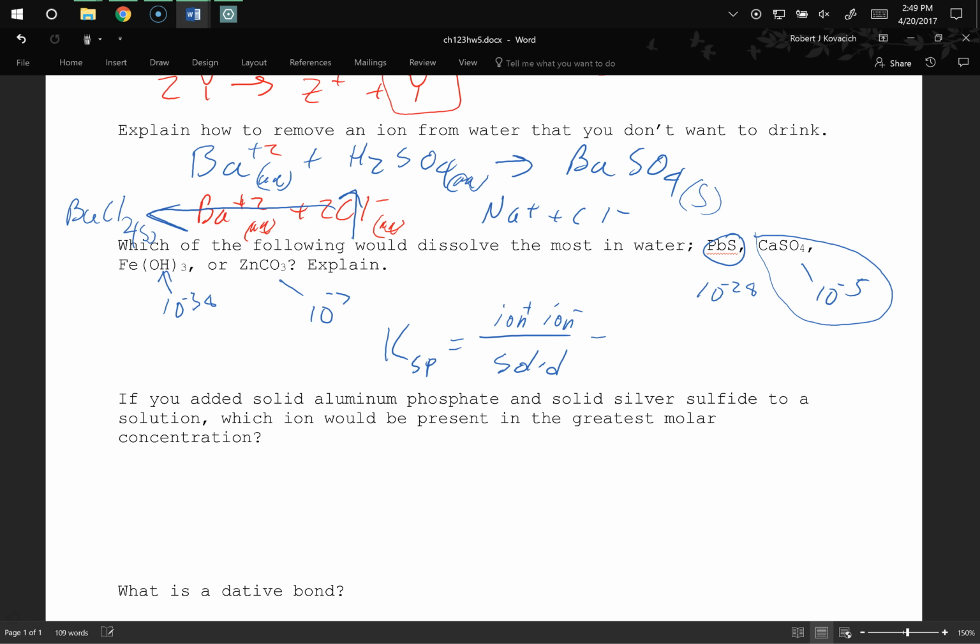And over here, I got a number like 10 to the negative 38. How do I get 10 to the negative 38 out of this? The numerator was ridiculously tiny, which means iron 3 hydroxide, does that dissolve very much? Basically, no. The answer is no. It doesn't dissolve at all. It's completely insoluble. I don't even know how you would measure that, honestly. You must have had a ridiculously large container to get any of it to dissolve.